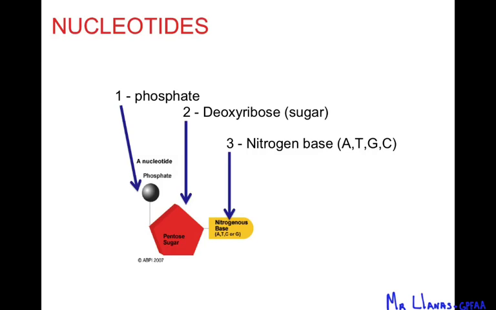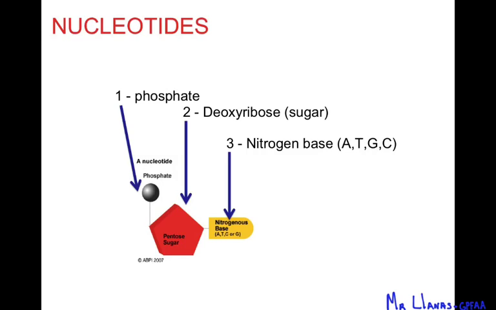You guys know that A, T, C, and G stand for adenine, thymine, guanine, and cytosine. So the three components of DNA are phosphate, deoxyribose, and a nitrogen base, which could be A, T, G, or C.